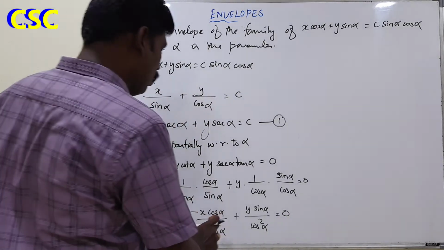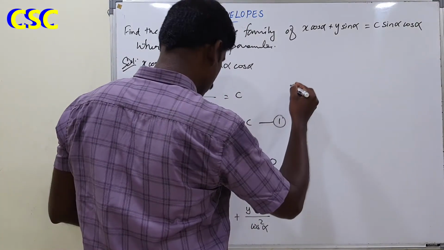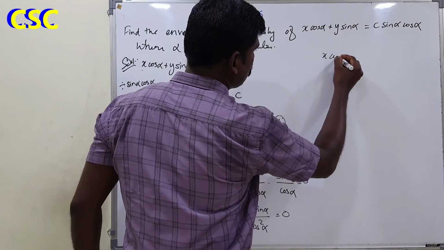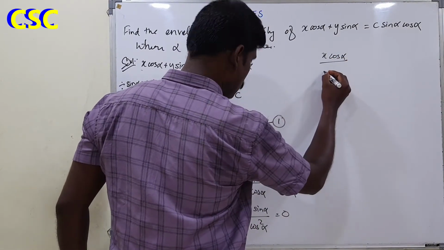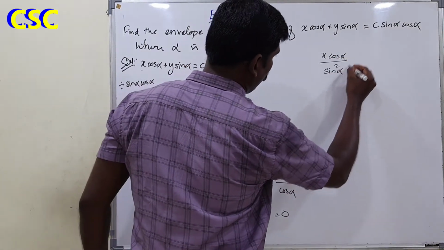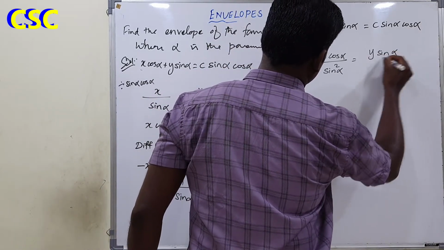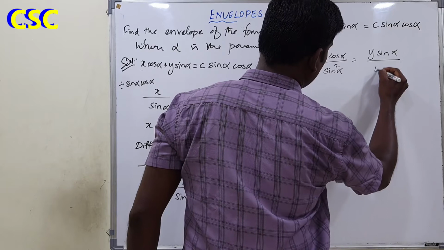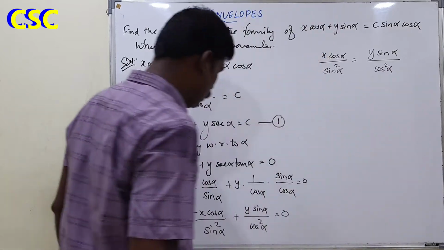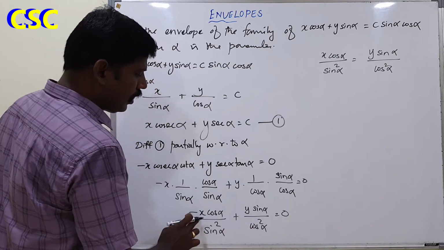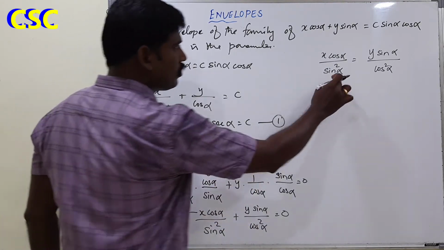Now what is the value of x? Taking this minus term to the right hand side, x cos alpha by sin square alpha equal to y sin alpha by cos square alpha, isn't it? I am taking this term to the right hand side, y sin alpha by cos square alpha, right? x cos alpha by sin square alpha here.